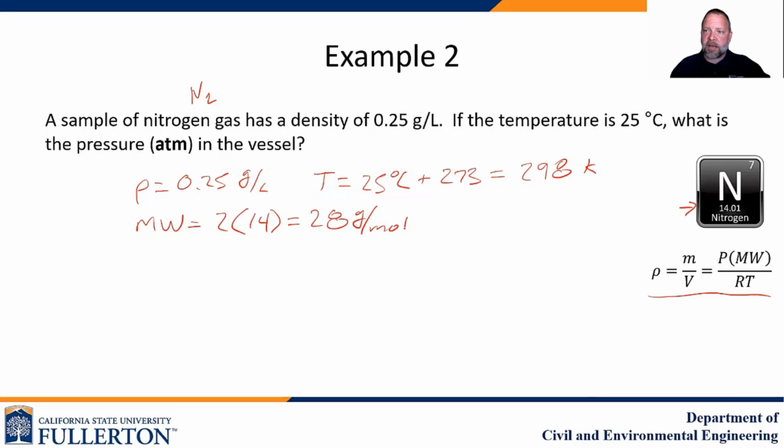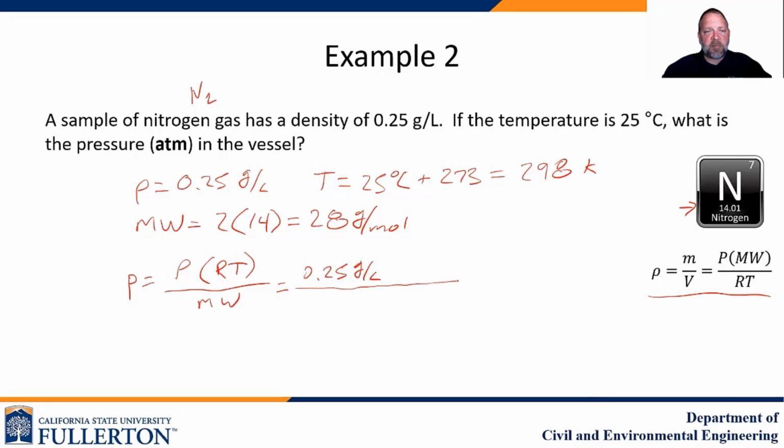Okay, so now we have all of our variables that we need. We can plug it into our equation. I'm going to do a quick manipulation again here. So pressure is equal to density times RT divided by molecular weight. And so that gives us 0.25 grams per liter.